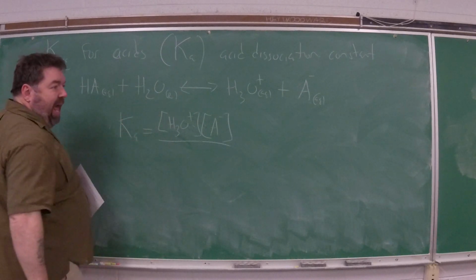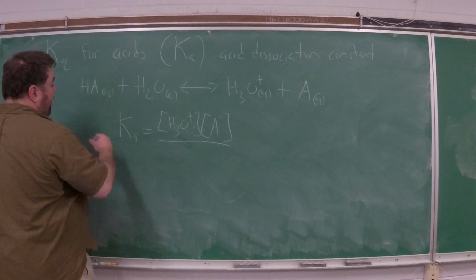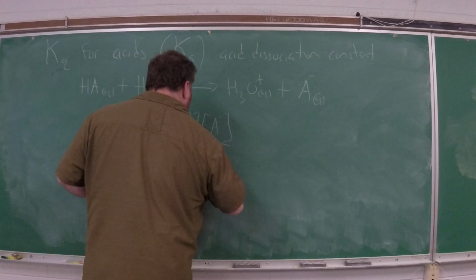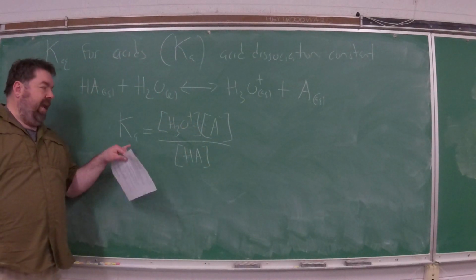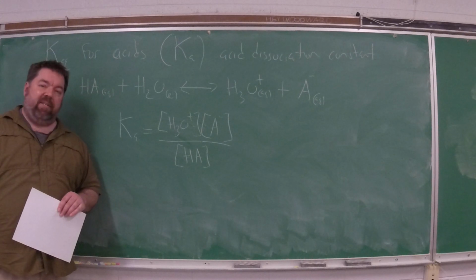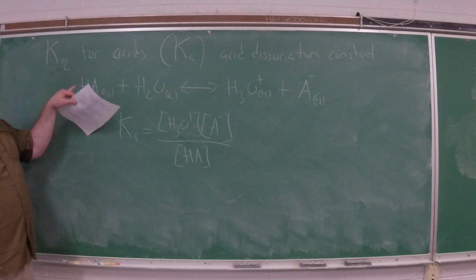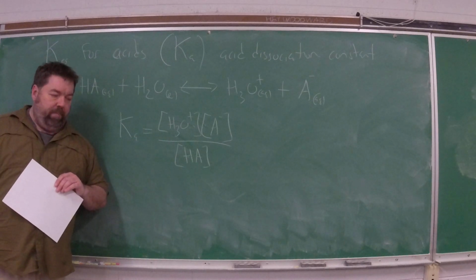What did we have for that? We did not include liquids and solids, correct? So we're just going to have HA. Again, acid dissociation constant. Nothing new really. It's just K equilibrium, except we applied it to an acid. That's all we did.